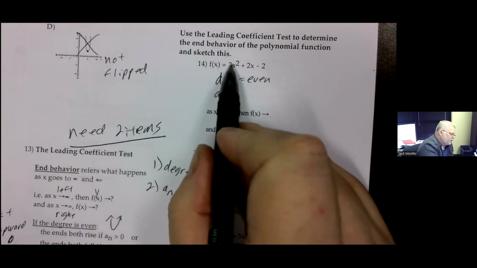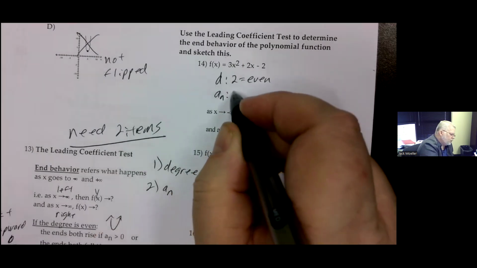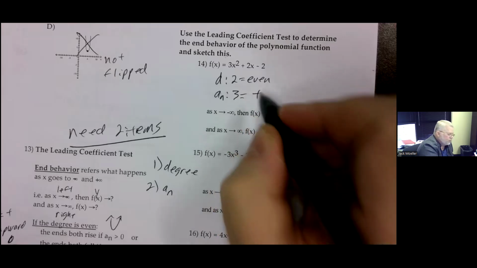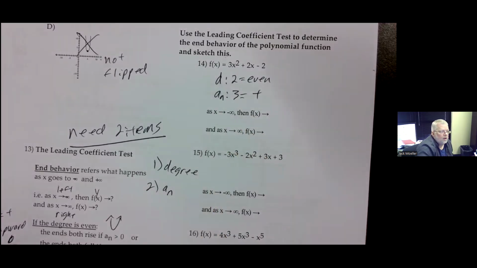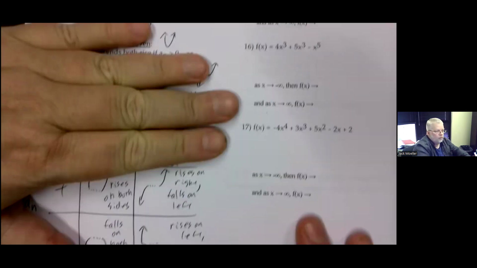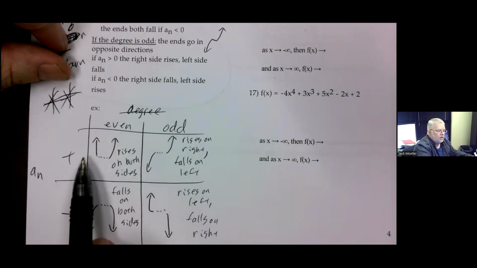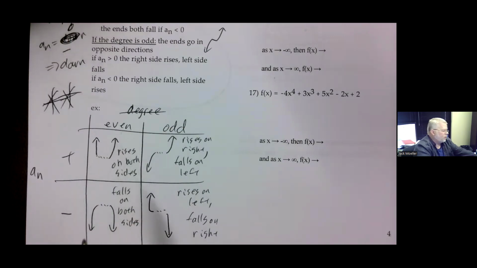Well, that is the 3 in front of the x squared. What's important about that is not that it's odd or even, but that it's positive. So if we have an even degree polynomial with a positive leading coefficient, which one of those 4 shapes is it? Well, even says it's a parabola, leading coefficient positive, saying it's an upward parabola.